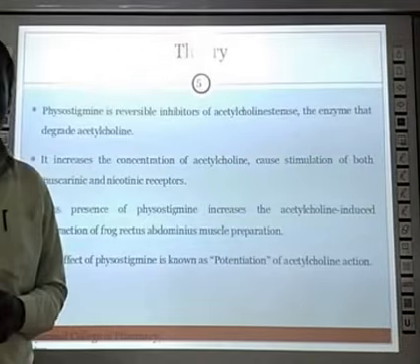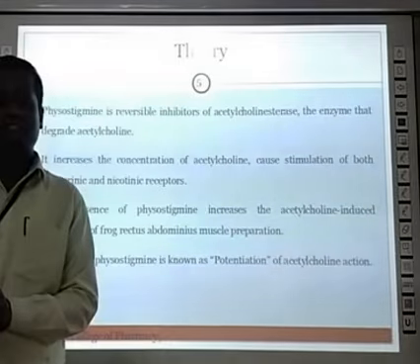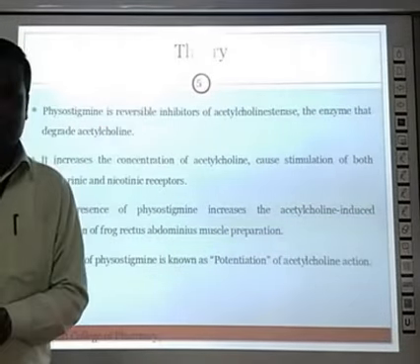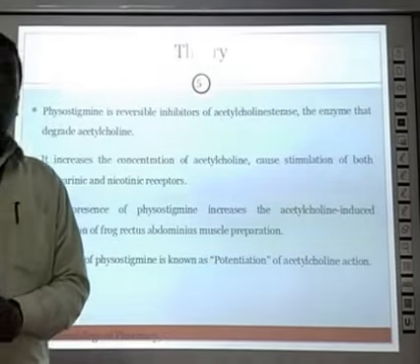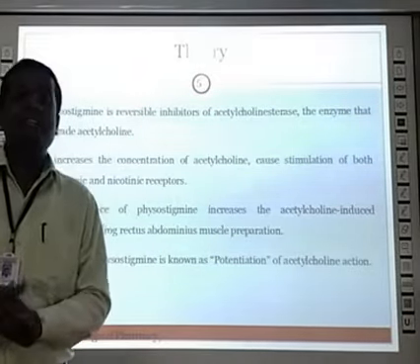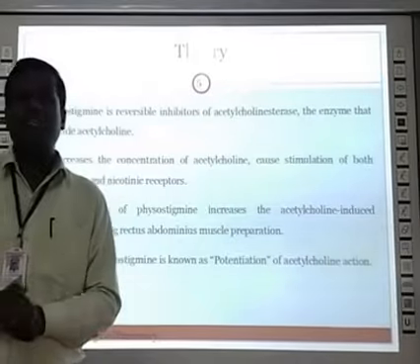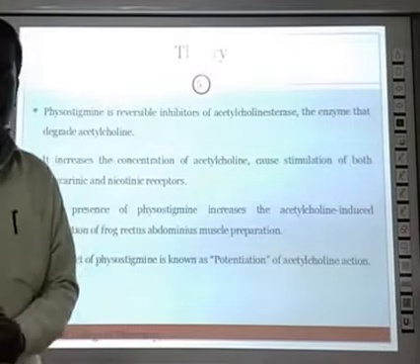Acetylcholine esterase is the enzyme which is responsible for degradation of ACh, and physostigmine blocks that enzyme. By blocking that enzyme, physostigmine potentiates the action of acetylcholine, meaning it potentiates the contraction of rectus abdominis muscle. So that is the theory.